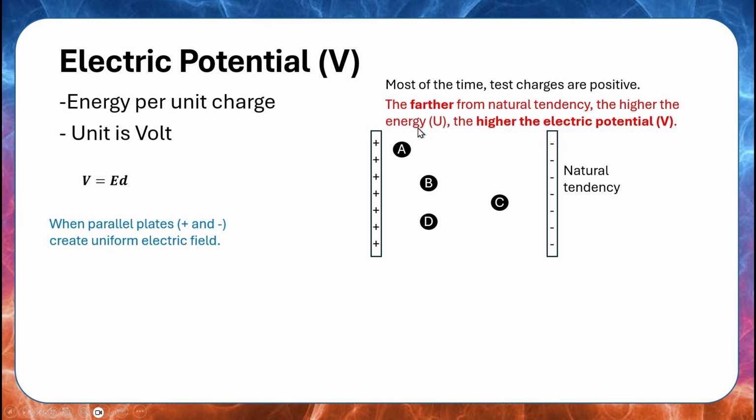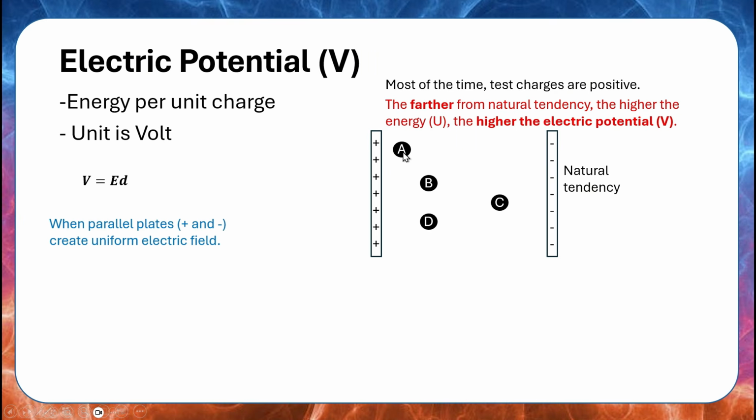And remember, the higher the energy, the higher the electric potential as well. Since electric potential energy and electric potential are directly proportional to each other, higher electric potential energy means higher electric potential as well. So the farther they are, the higher the energy, and higher energy means higher electric potential.